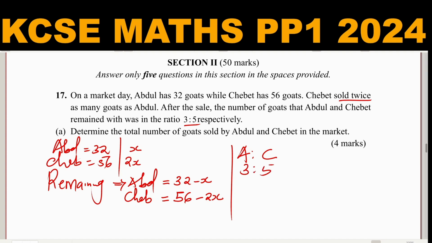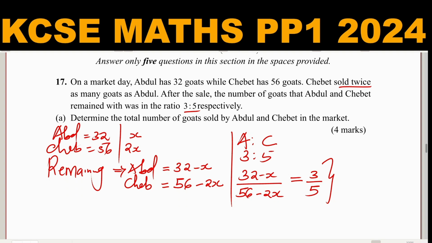So that means if I get this ratio, Abdul, which is 32 subtract X, divided by Chebet, that is 56 subtract 2X, that ratio should be 3:5. 3:5 can also be written like that. So this is the equation that you're supposed to solve in order to determine the total number of goats sold by Abdul and Chebet.